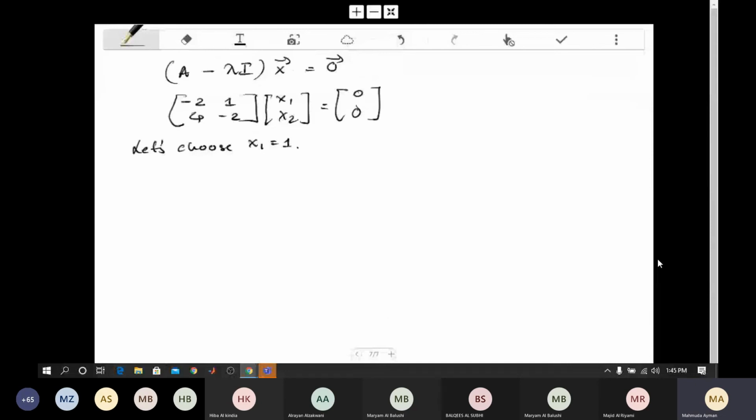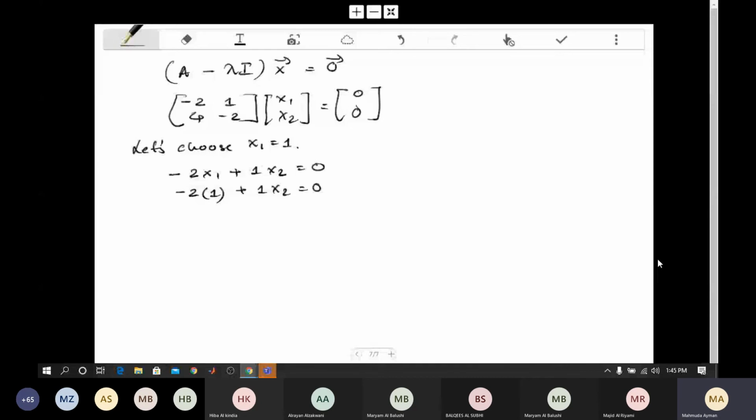In that case, the first equation will be minus 2 times x1 plus 1 times x2 is equal to 0. So we chose x1 to be 1, so we'll have minus 2 times 1 plus 1 times x2 is equal to 0.